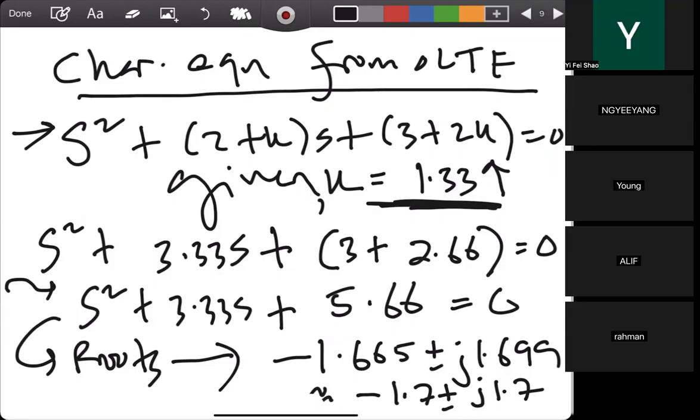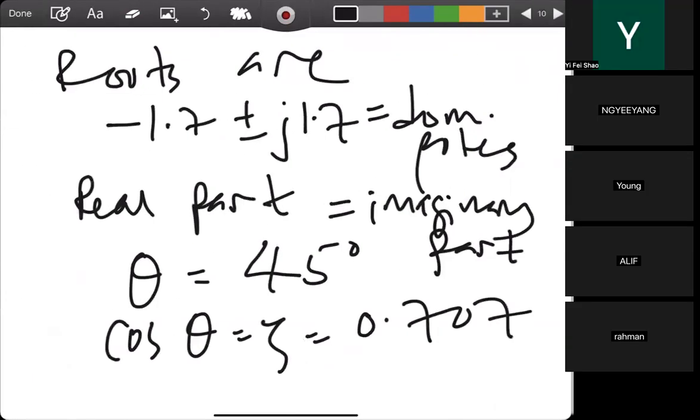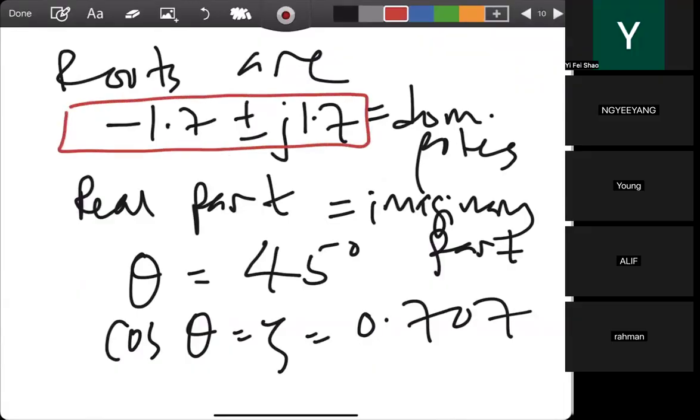So it is a quadratic characteristic equation, and the roots are minus 1.7 plus minus J 1.7. I simplify because this is 3 decimal points, more or less the same. So these are the roots, where the real part and imaginary part are the same, and it is a dominant pole.